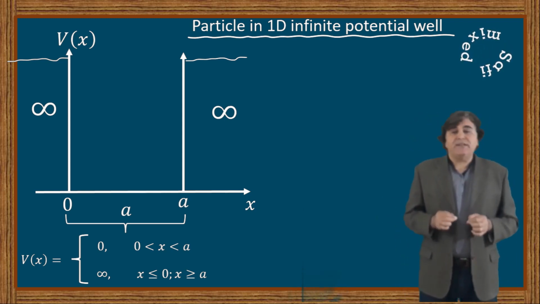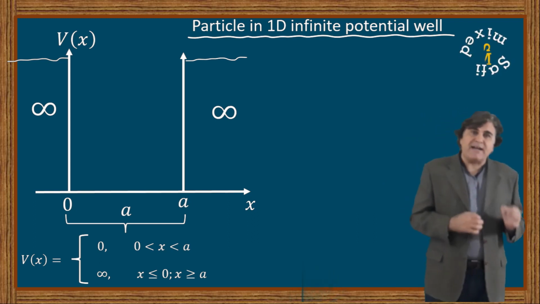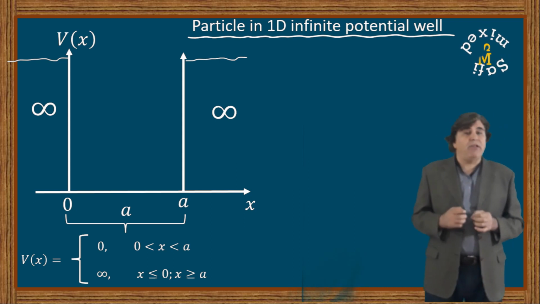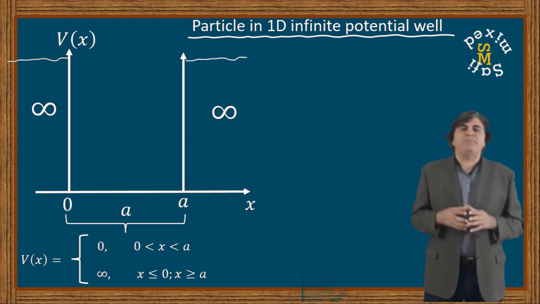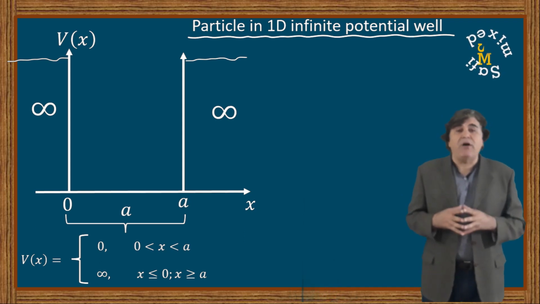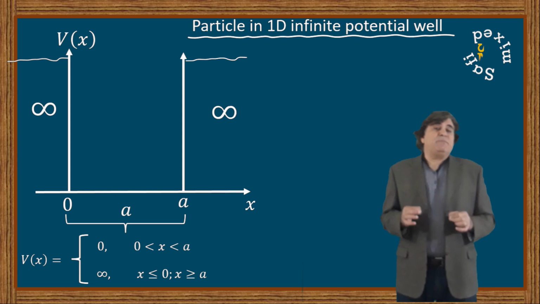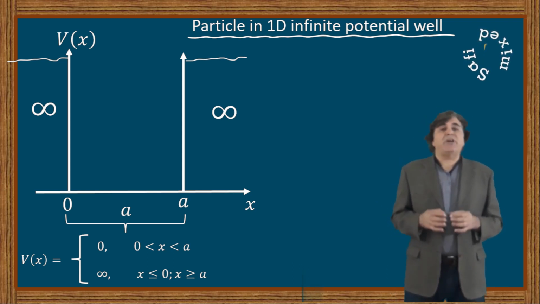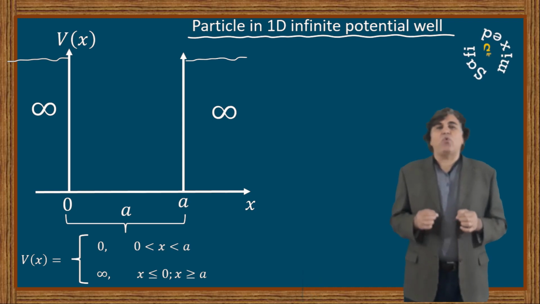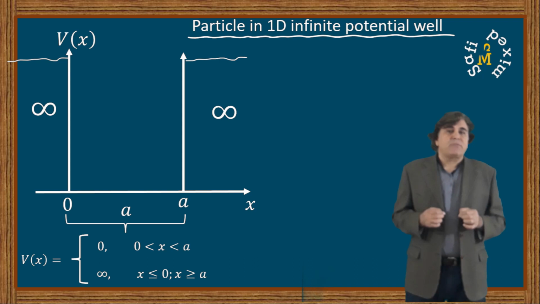Before investigating the quantum mechanical behavior of a particle put inside such an infinite potential well, I would first like to investigate the behavior of the particle from the perspective of classical mechanics. I do this because I feel this strategy will enable us to distinguish between the outputs of classical and quantum mechanical approaches to the problem.